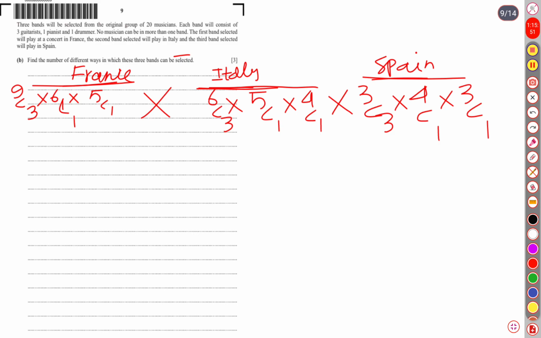That's why it is "and", and we know for "and" in probability we do multiplication. So it is going to be 9 factorial into 6 factorial into 5 factorial.